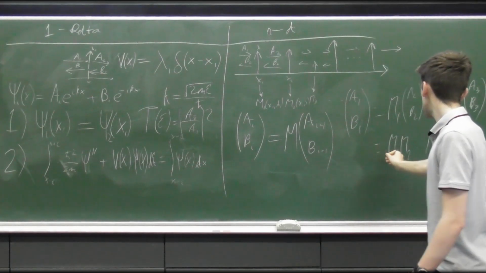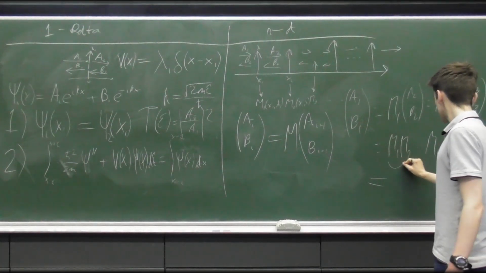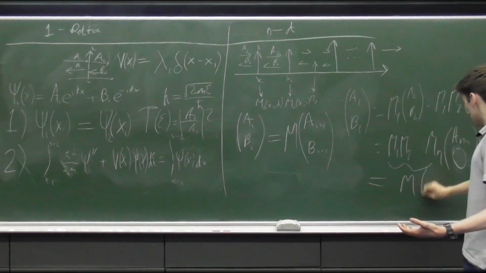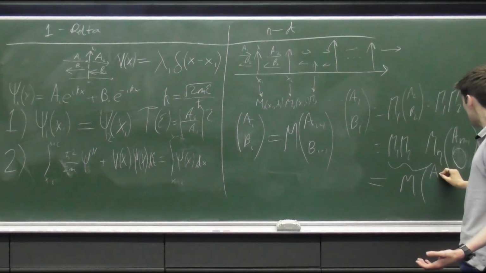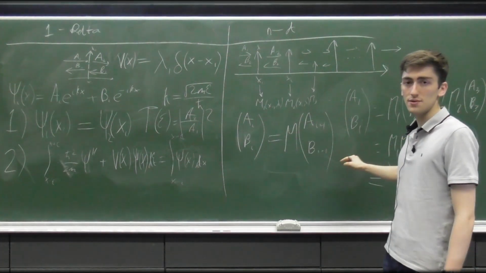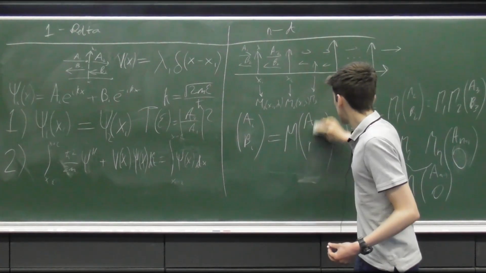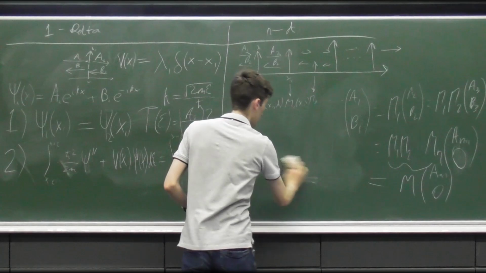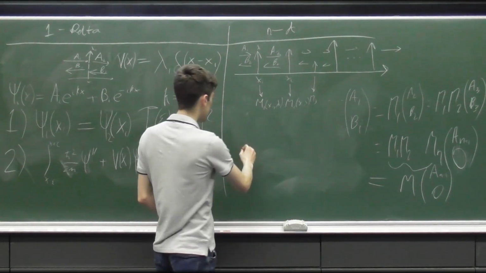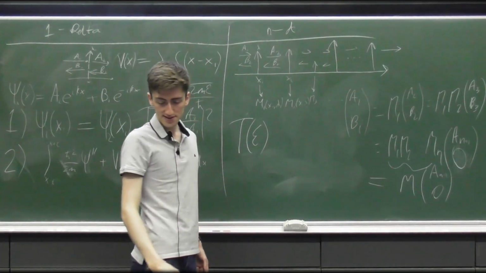And now if we define our collection of M as just a single M now, we have that A_{n+1}, 0 is equal to M applied to A1, B1. All that goes to give us a nice way of finding our transmission again, this time for n delta functions.